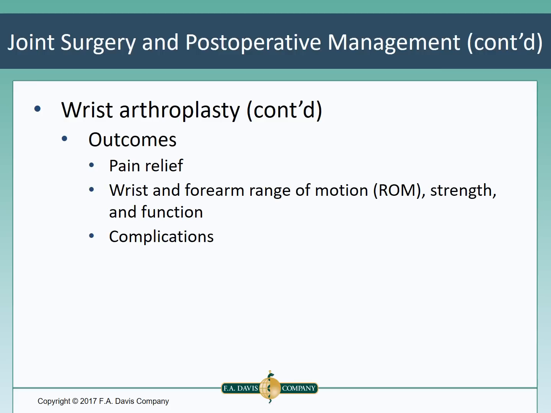And so you have to be cautious enough with these patients to make sure we're not compromising what the goal of the surgery was. And again, your book does a lot. I believe it's box 19.3 that has some nice precautions after you undergo wrist arthroplasty. So review that if you want to know a little bit more.